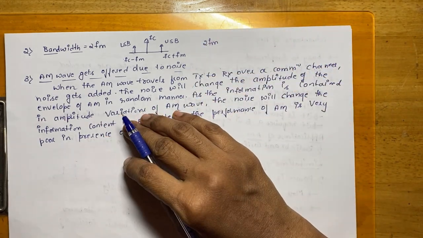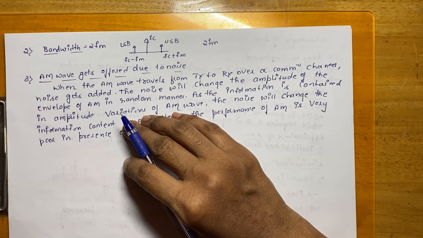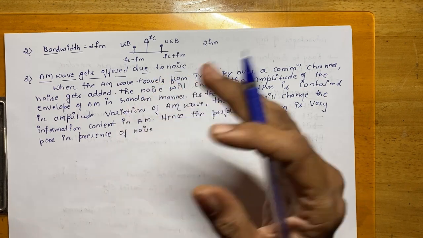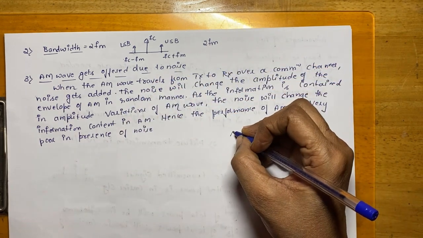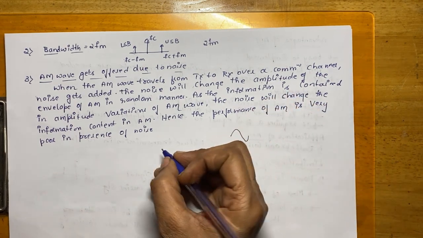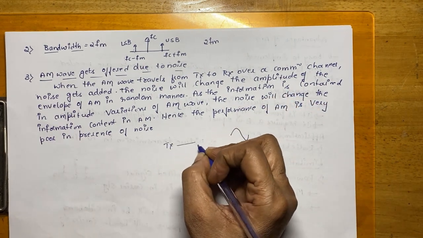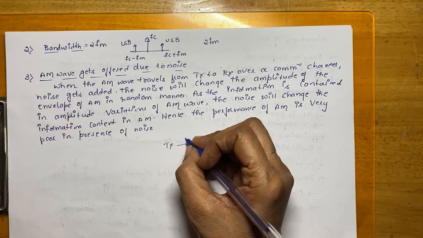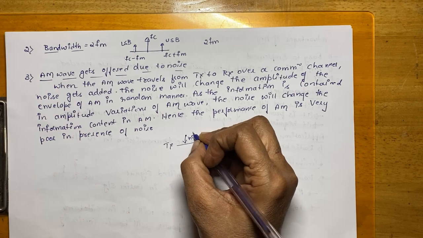And the third one is a very important thing. We know that in an AM wave, the modulation takes place by a variation in the amplitude. When the signal is being transmitted from a transmitter to a receiver through a communication channel, some noise can get added.